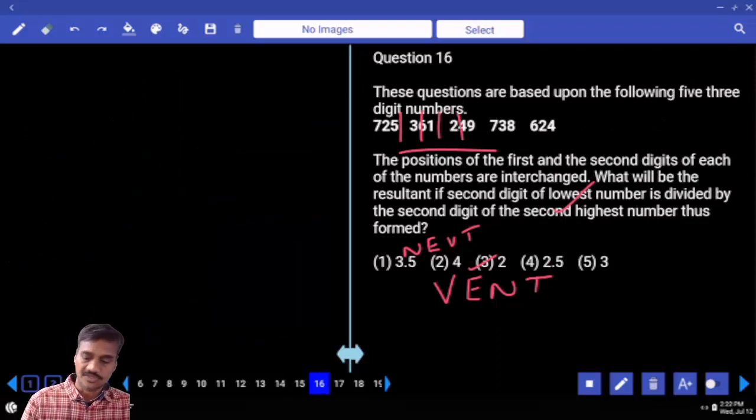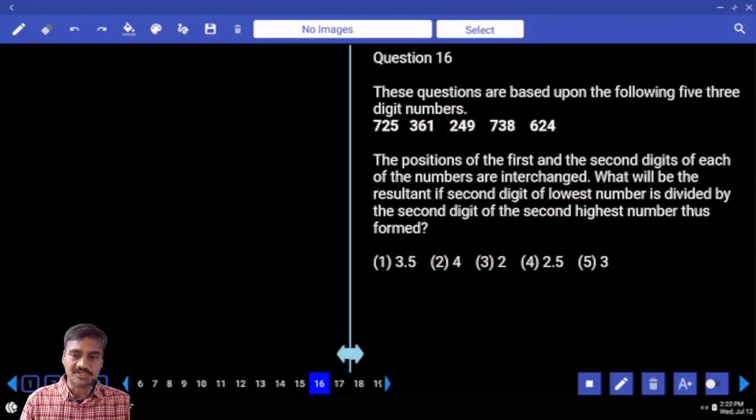Then 16 onward, the first and the second are interchanged. What is the resultant? The second digit of the lowest number is divided by the second digit of the highest number. Then if the first and the second are interchanged here, now we need to identify the second lowest and second highest number.